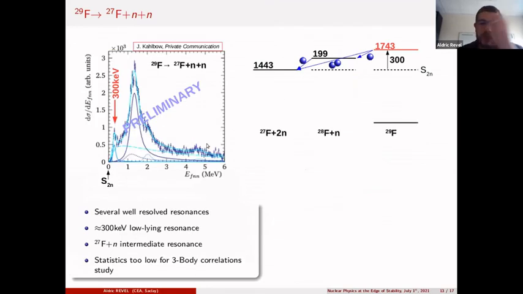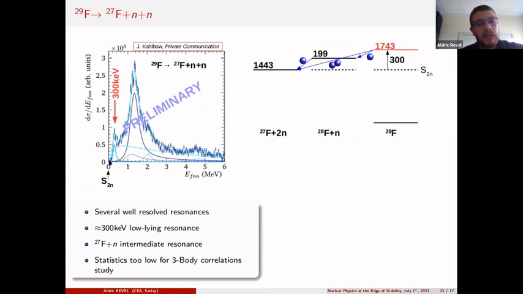Now I move to some preliminary new results from the oxygen-28 experiment, where fluorine-29 was populated through a knockout reaction, and we could observe its decay toward fluorine-27 plus 2 neutrons. Here I show the spectra from Julian Kahlbohm, who is in charge of this analysis.